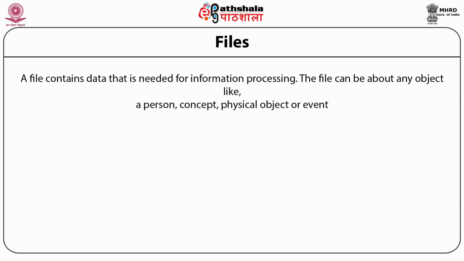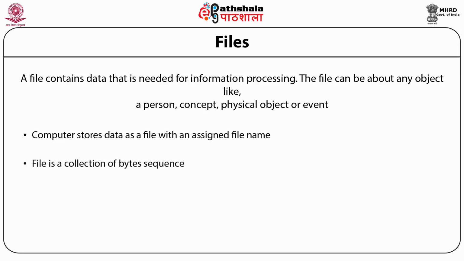Files. A file contains data that is needed for information processing. A file can be about any object like a person, concept, physical object, or event, or anything. In computer, any data is stored in the form of a file, and each file has a certain assigned name.